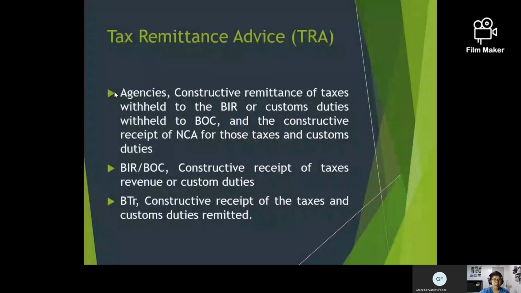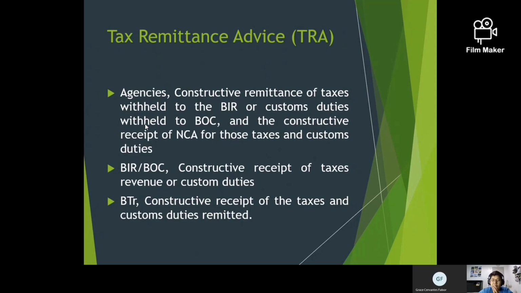We have what we call Tax Remittance Advice or TRA. In the books of the agencies, it is a constructive remittance of taxes withheld to BIR or custom duties taxes withheld to BOC or Bureau of Custom.